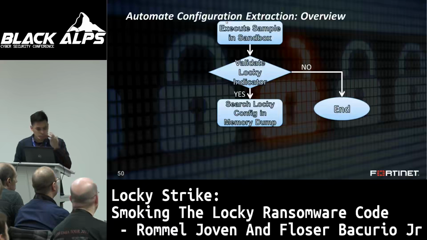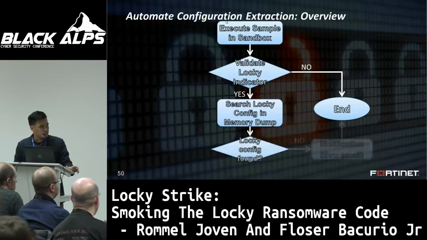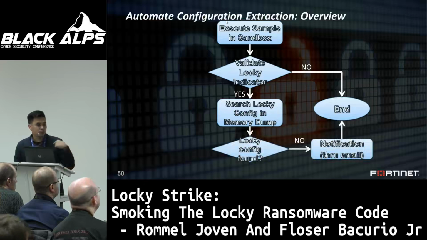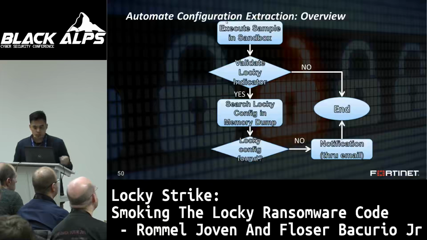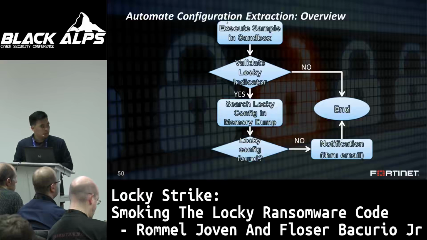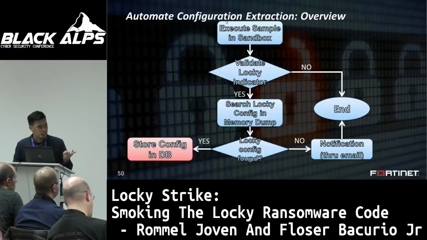We have some indicators for the Locky configuration. If it's not found, it will notify us. Since we already determined that it is Locky, the configuration must have been updated, or maybe this is a new variant of Locky, so we can check it out. And if we find the Locky config, we store it in our database.